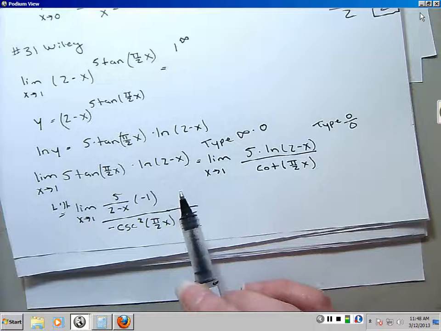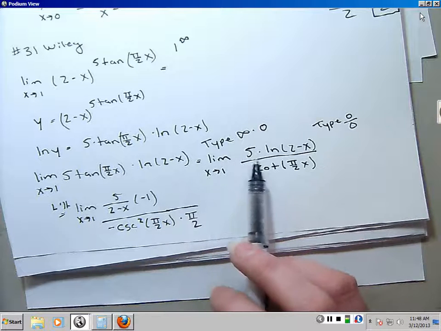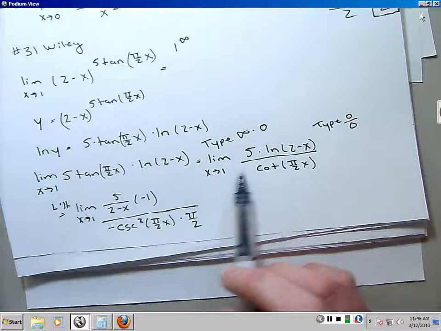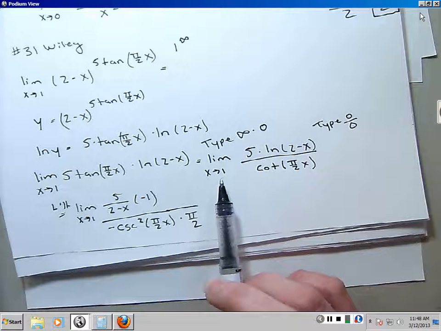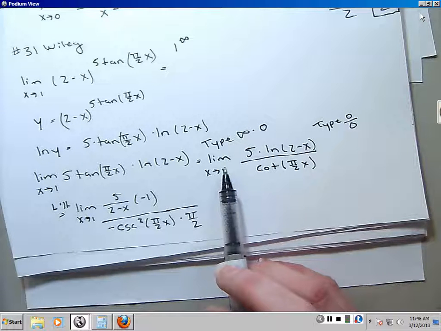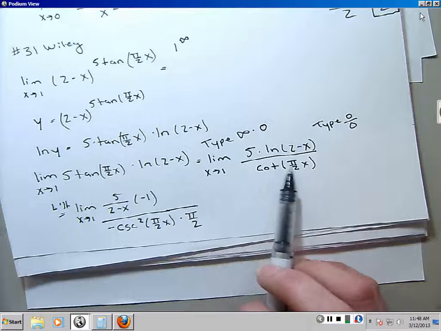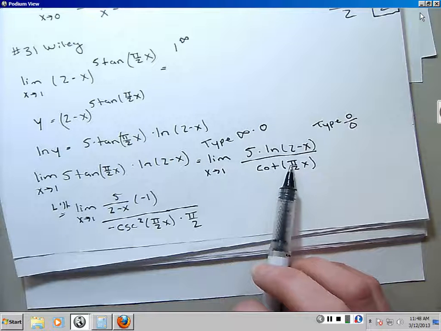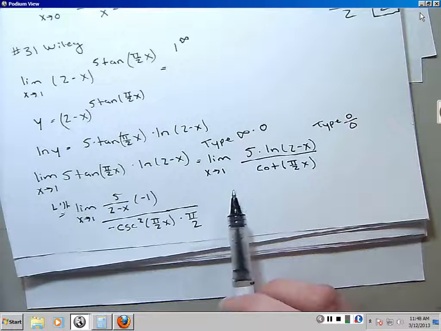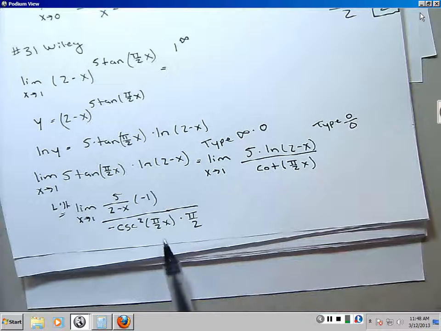Tangent's not defined at pi over 2. But it's the limit as x approaches 1 type thing, so this is approaching pi over 2. Right side limit, left side limit, it's going to be okay when I differentiate it. Cosine is defined at pi over 2, and 1 over cosine of x is secant.